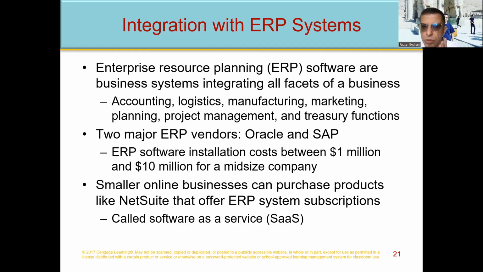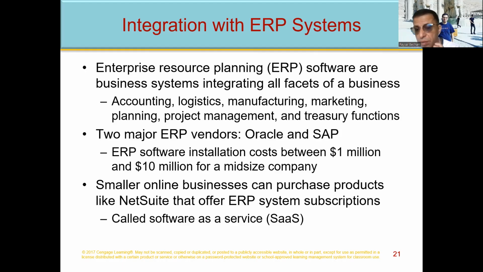But the two major vendors for these are Oracle and SAP. ERP software installation, we might see that also in the video. ERP software installation can cost between 1 million to 10 million for a mid-sized company. That's a lot of investment.